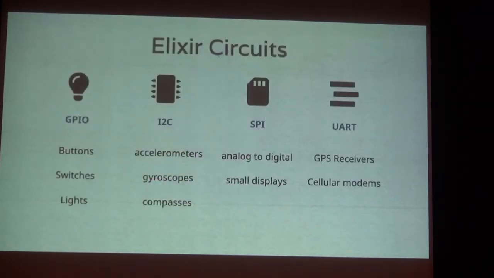Elixir Circuits has many libraries to help interact with different hardware, like buttons and switches, or accelerometers, or GPS devices and cellular modems. You can use GPIO, or I2C, SPI, and UART directly from inside Nerves runtime.